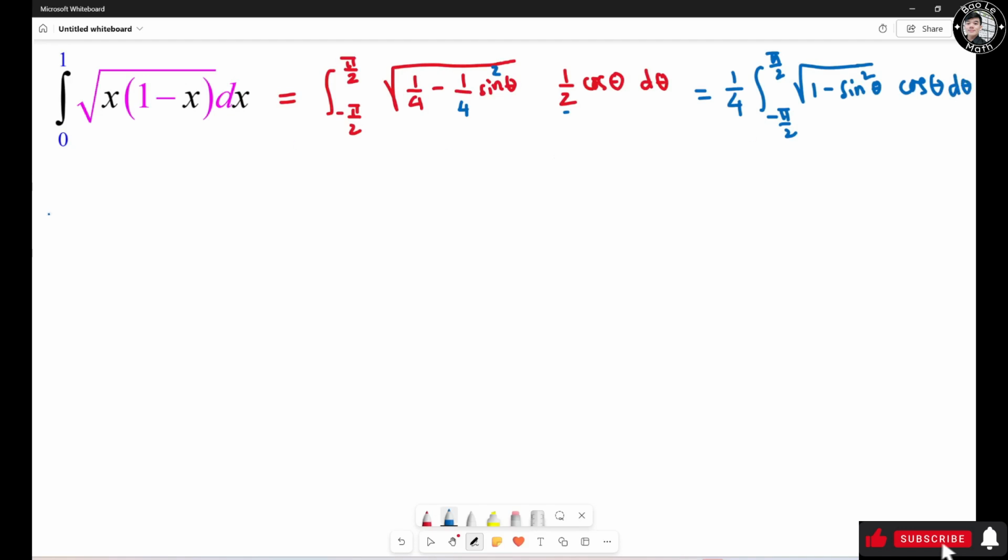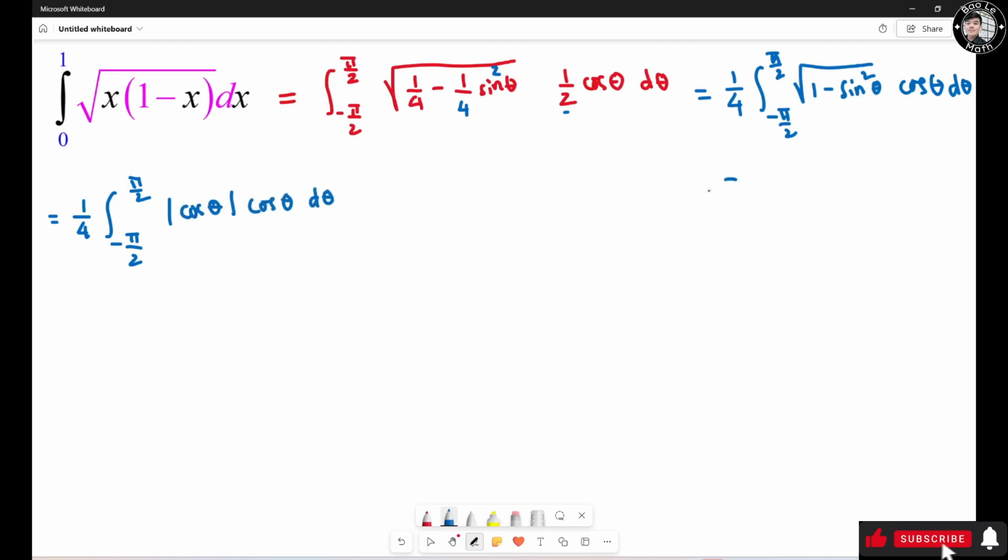Now this is the same thing as 1/4 times the integral from negative pi/2 to pi/2. 1 minus sine squared theta equals cosine squared theta. Now I need to bring this outside the square root, so it turns out to be the absolute value of cosine theta times cosine theta d theta.